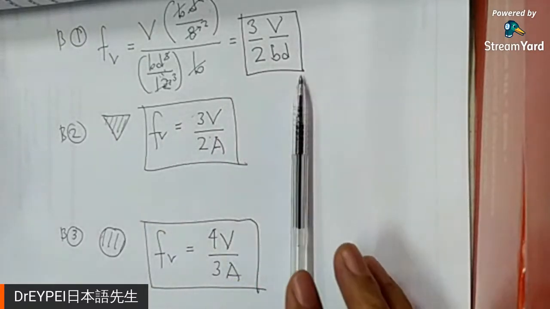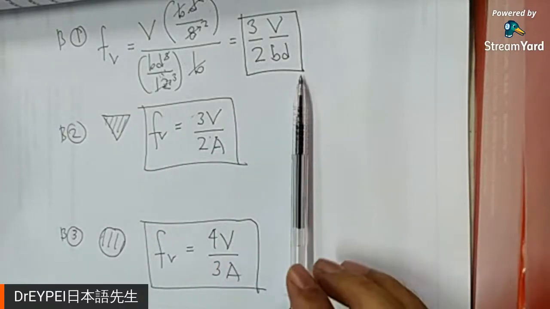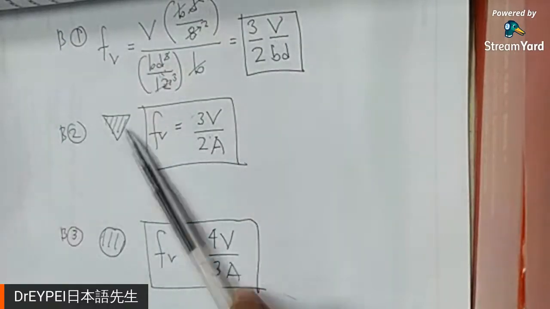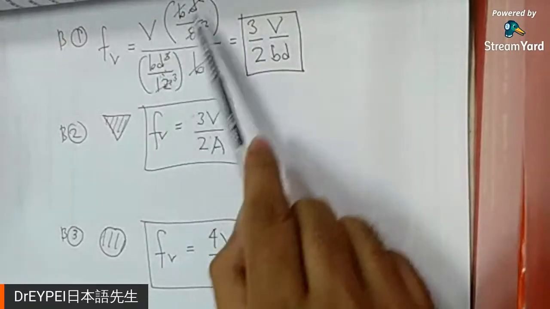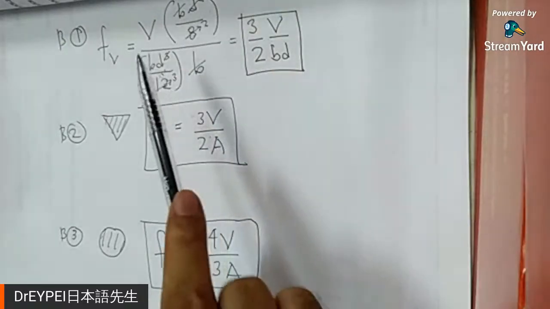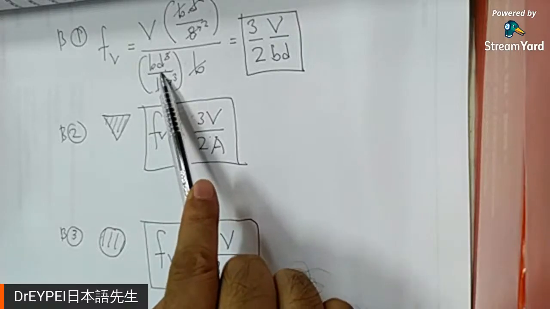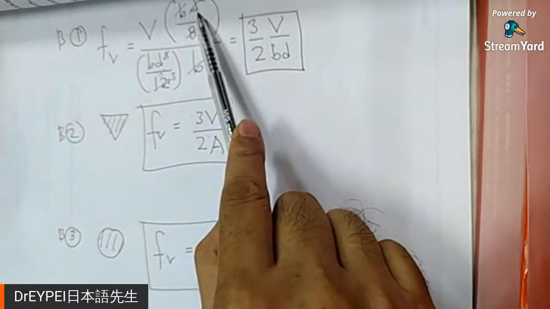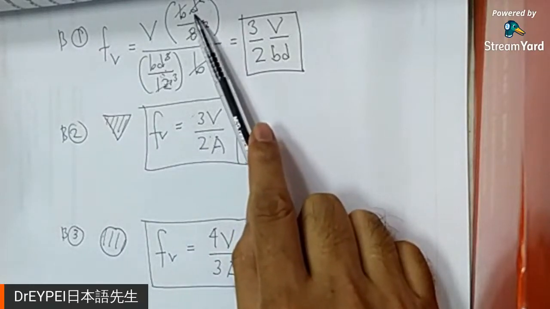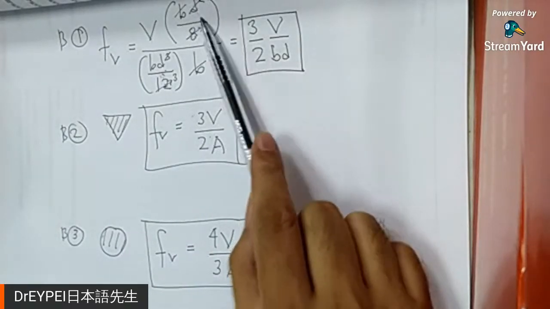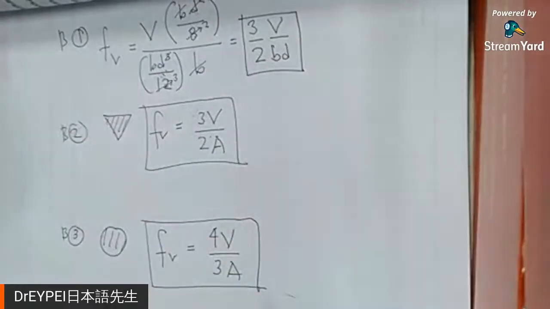If your design shape is not any of these, just use this general formula and substitute each of the values from its dimension. For example, the moment of inertia and then the Q for the moment of area, Q.